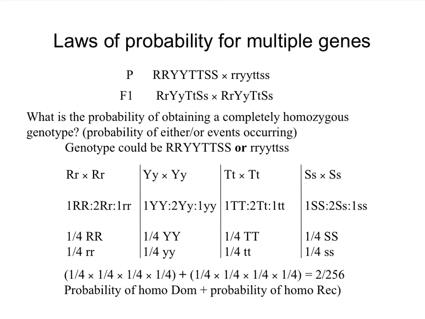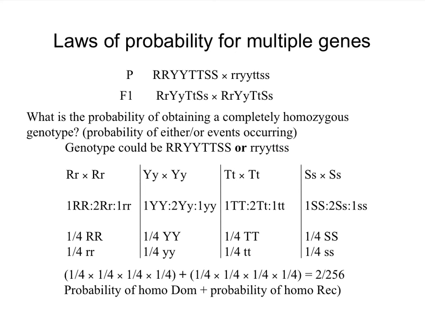So what do we have to do? It goes back to just the product rule and the sum rule. All right. So you figure out what are the probabilities of getting the homozygous dominant, and then you figure out what is the probability of getting homozygous recessive, and then you take the probability of getting the homozygous dominant and add it to the probability of the homozygous recessive.